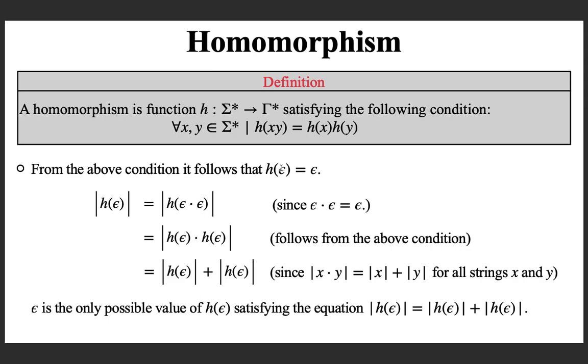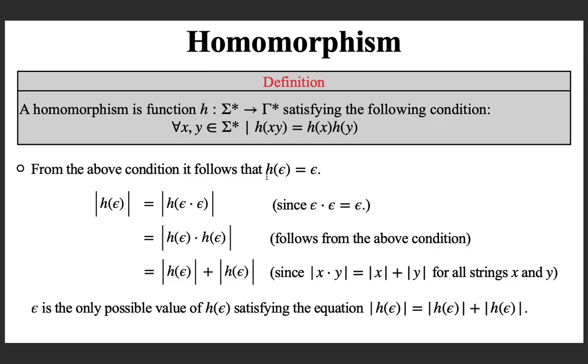So the only property that a homomorphism should satisfy is this: the homomorphic image of the concatenation xy must be the same as the concatenation of the homomorphic image of x and the homomorphic image of y.